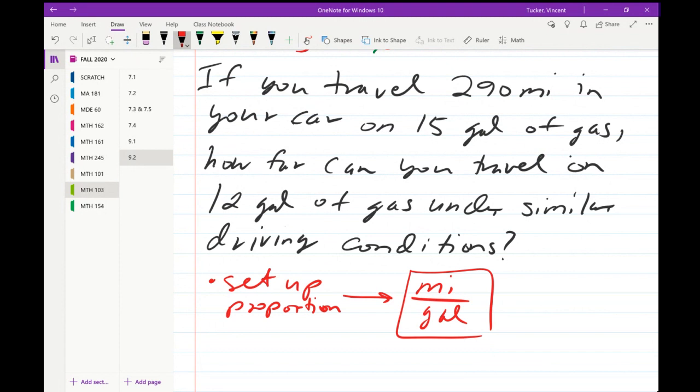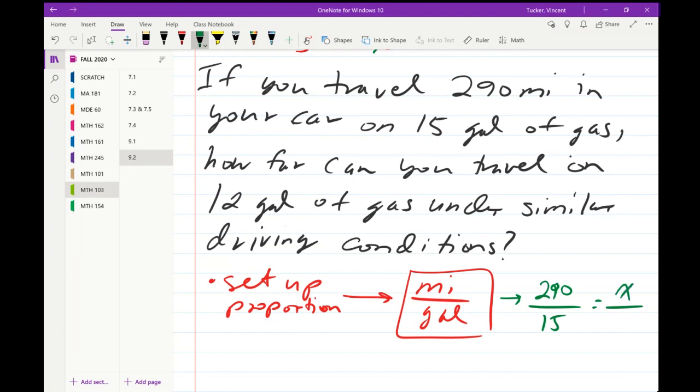Remember, we have two ratios or two rates, knowing what you're comparing. Here we're doing miles and gallons. So we have 290 miles off of 15 gallons of gas. That's the first ratio. If I do miles over gallons, my second ratio needs miles over gallons as well. I could set it up as gallons over miles. It doesn't matter. We just have to stay consistent throughout the whole proportion. So I do 290 over 15. For the other one, how far can you travel?